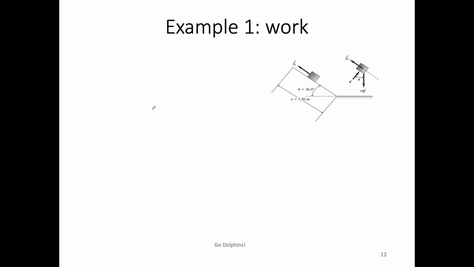Hope you still remember the first step we need to do is a free body diagram, right? And there are three forces acting on the box. As I said, it should be static friction because there's no motion between the box and the belt. Static friction. And we can build our coordinate system.